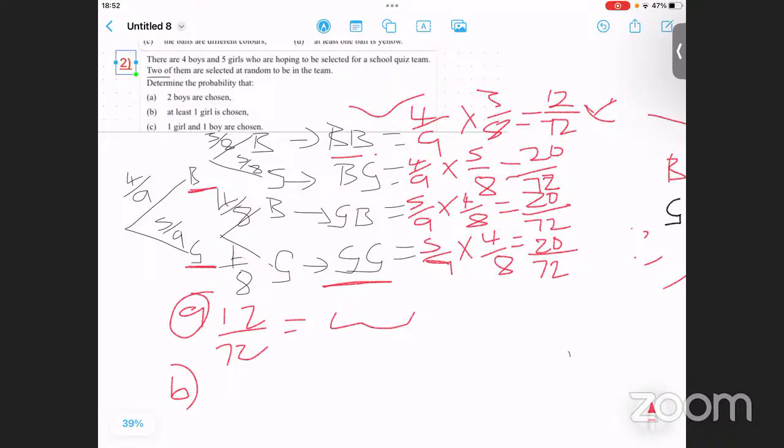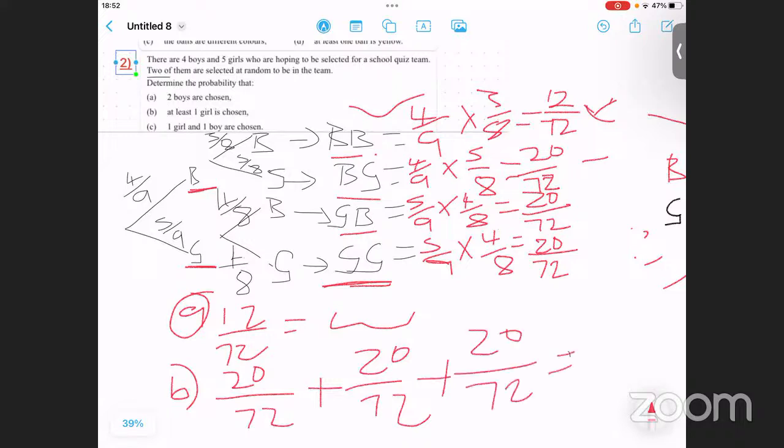you're going to add the three probabilities. You're going to add BG, GB, and GG, which is 20 divided by 72 plus 20 divided by 72 plus 20 divided by 72. And then you're going to get your answer. Guys, are you getting this? Do you have any question?